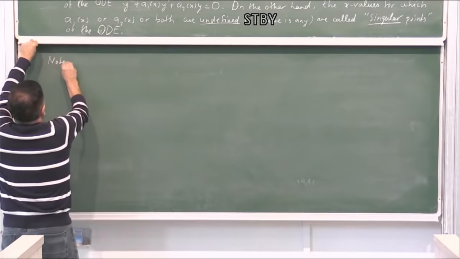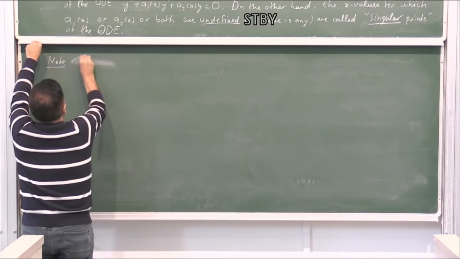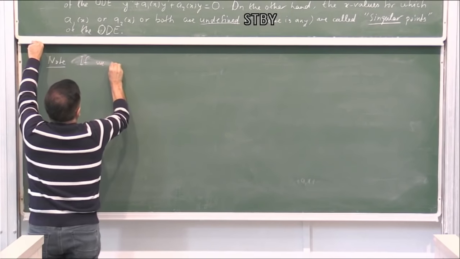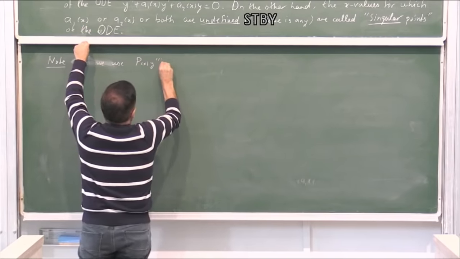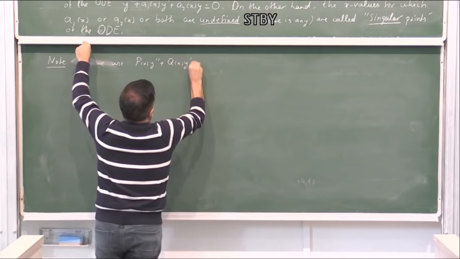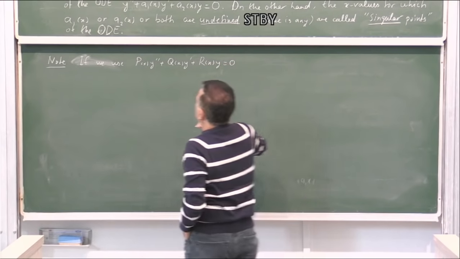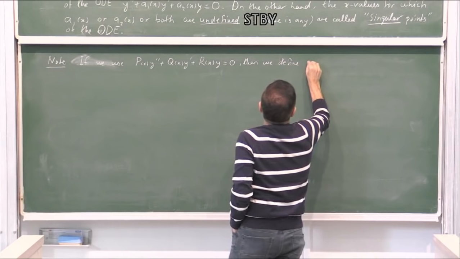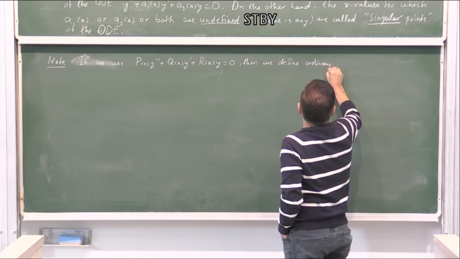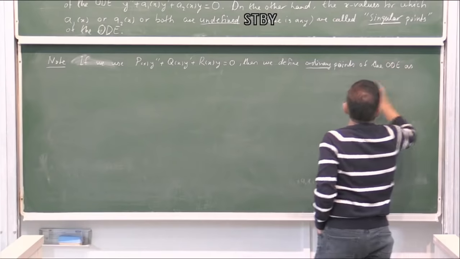Note, the same definition, if we use that form, p of x y double prime plus q of x y prime plus r of x y equal to 0, then we define ordinary points of the ODE as follows.